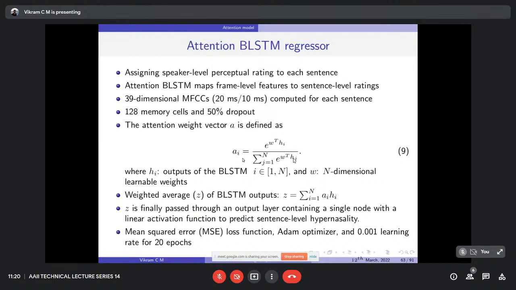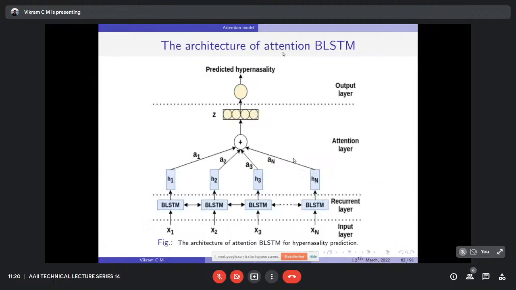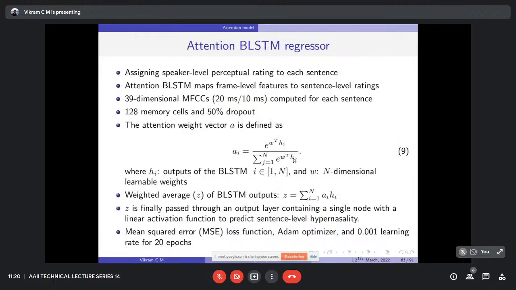This is the architecture and mathematics behind the utterance-level attention-based BLSTM model. Here we used a regressor because our scores are continuous in nature. Why are they continuous? Because we have ratings from 4 or 5 different clinicians, and they get averaged out.